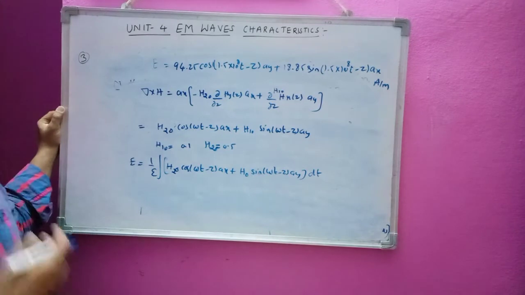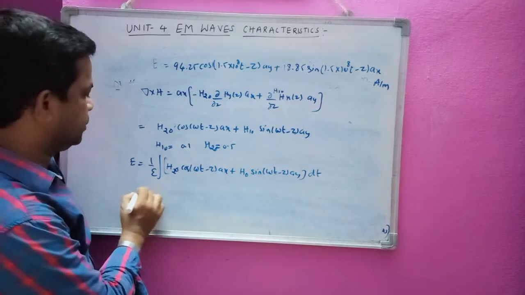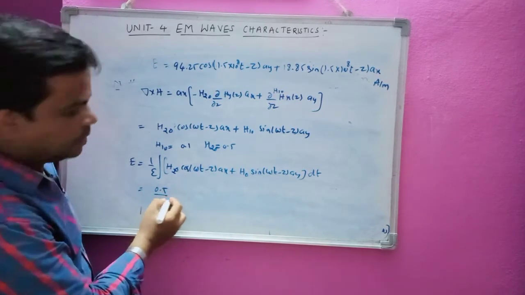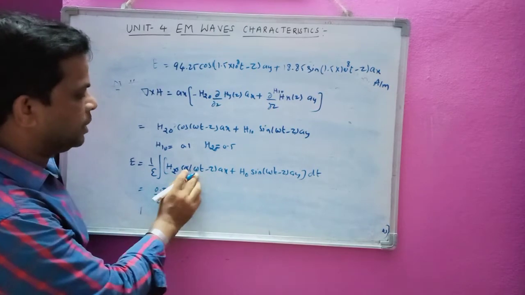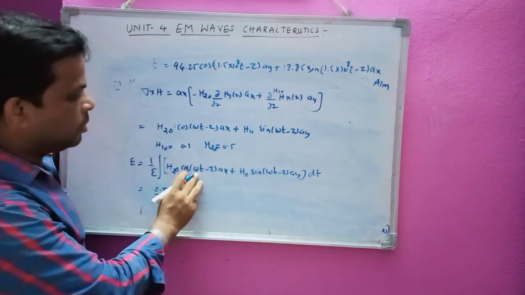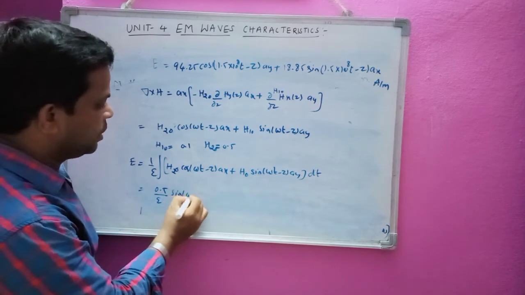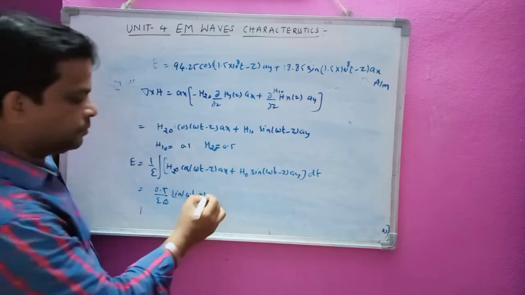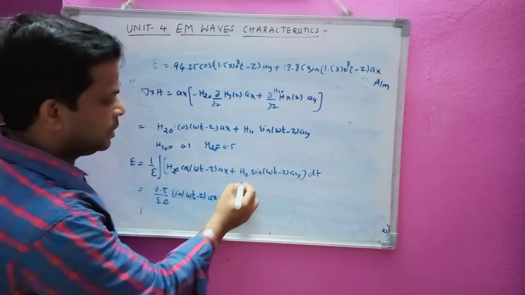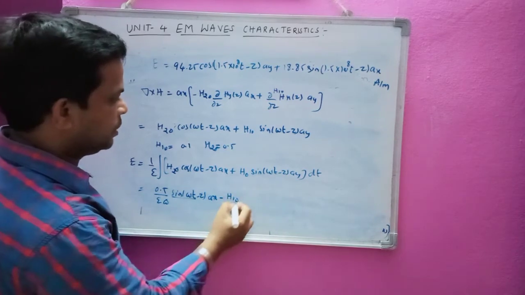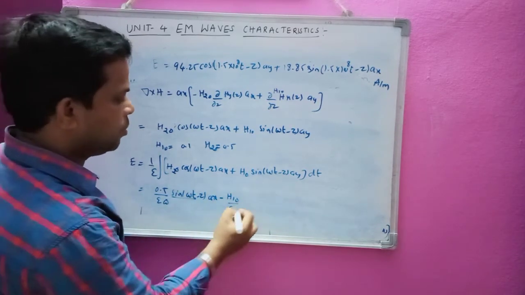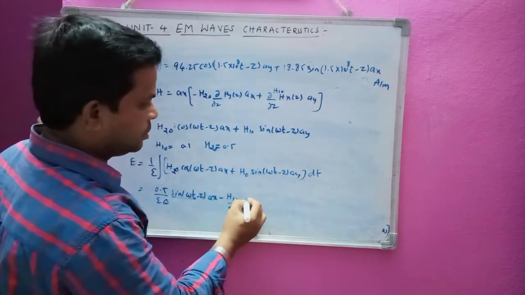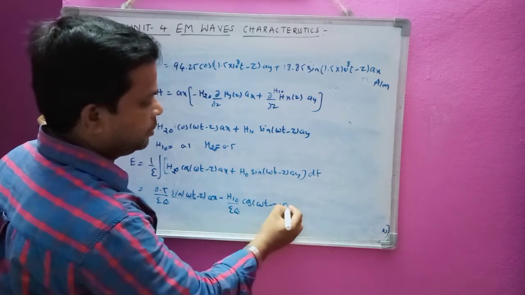If you are going to integrate this, we get H2(0) by epsilon ω, sine integration is minus cos, so ax, minus H1(0) by epsilon ω, integration of sin is cos, that is cos(ωt − z) ay.